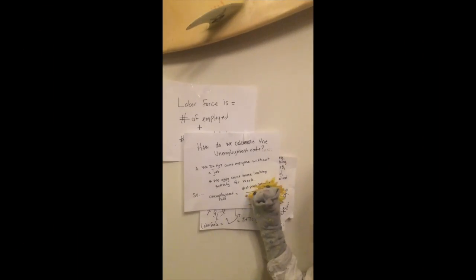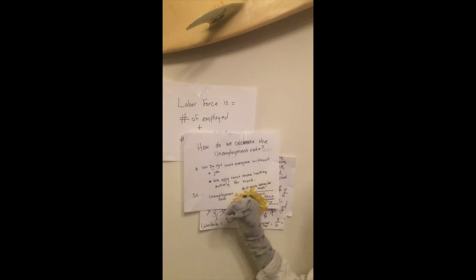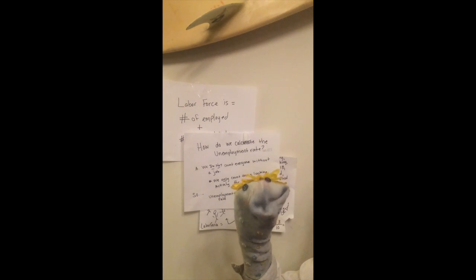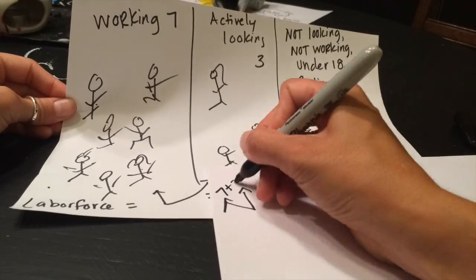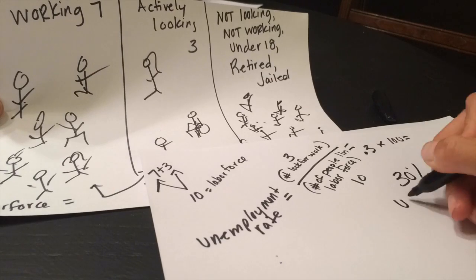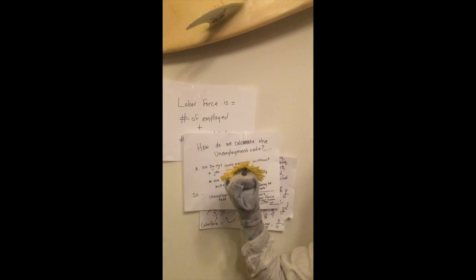Back to the formula. Unemployment rate is the number of people looking for work divided by the number of people in the labor force. From our example, we had 3 people looking for work and 10 total in the labor force. So it would be 3 divided by 10.